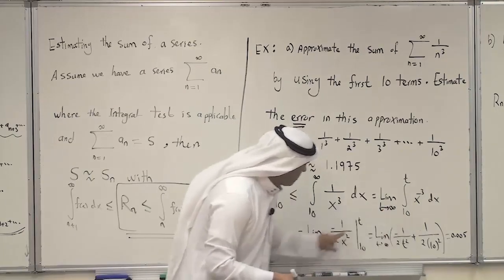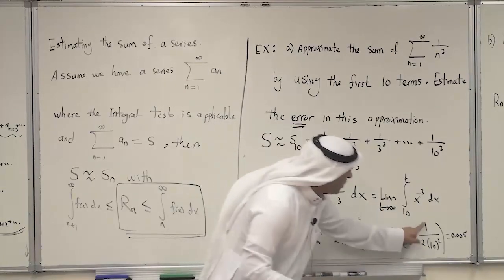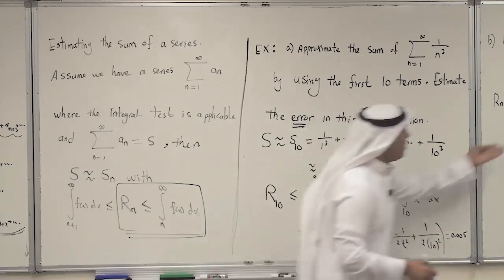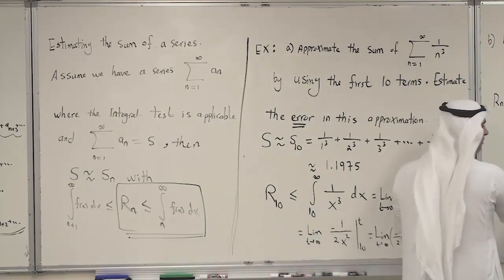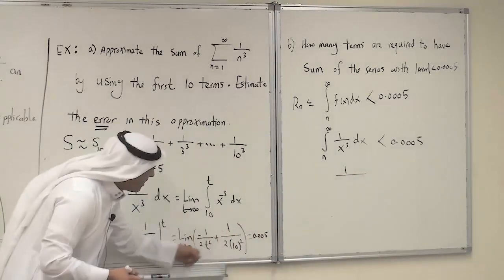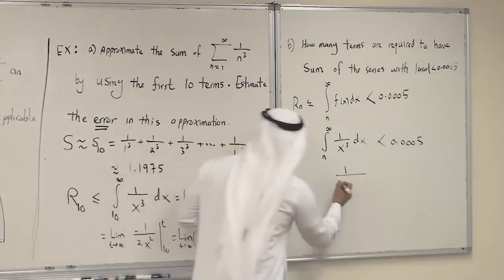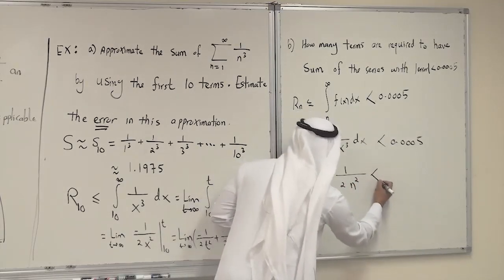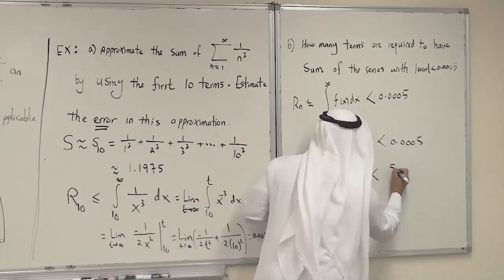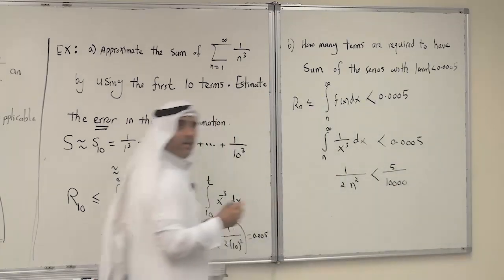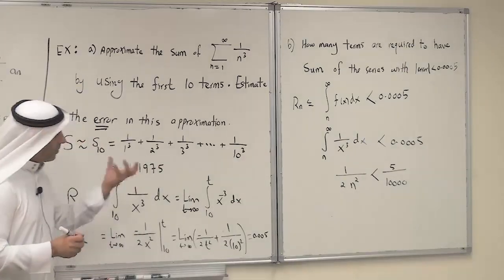At the end, we have 1 over 2n squared. Instead of 10 squared, I have n squared. I leave it for you to justify, using the same argument, that we end up with 1 over 2n squared. And we need this one to be less than 5 over 10,000. Then we need to find n here.